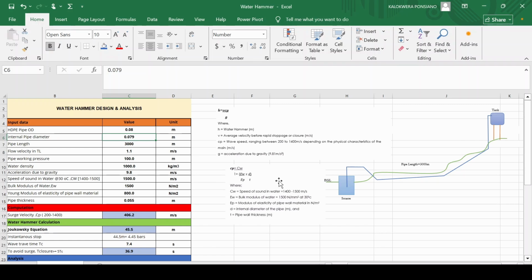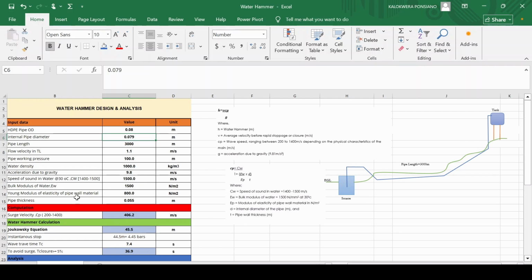Our speed of sound in water ranges from 1400 to 1500. Since we want to optimize the system well, we are going to choose 1500 as our CW value. The bulk modulus of water is 1500, the Young's modulus of elasticity of the pipe material is 800, and our pipe thickness is 0.055.